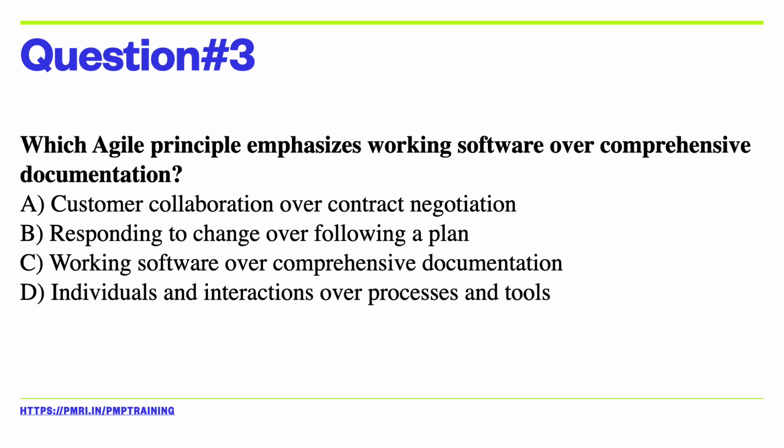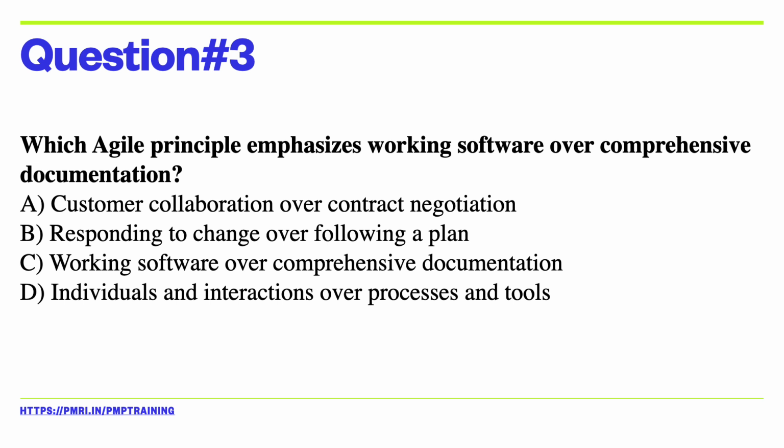Which agile principle emphasizes working software over comprehensive documentation? Here are the agile principles taken from the Agile Manifesto. Option A, customer collaboration over contract negotiation. Option B, responding to change over following a plan.